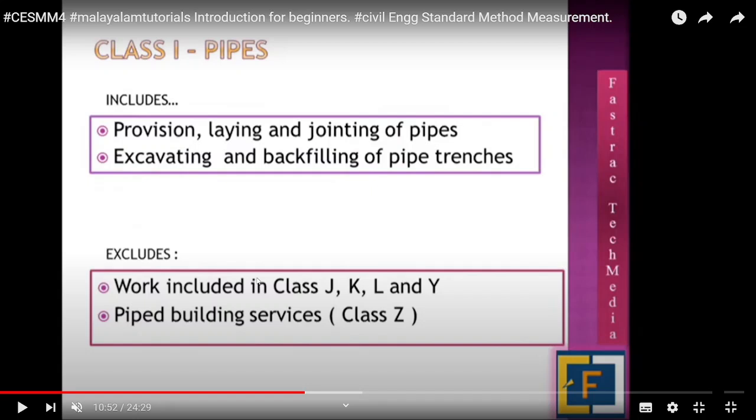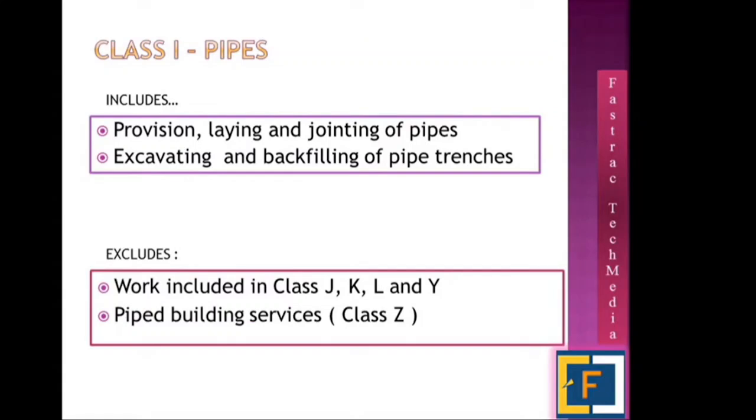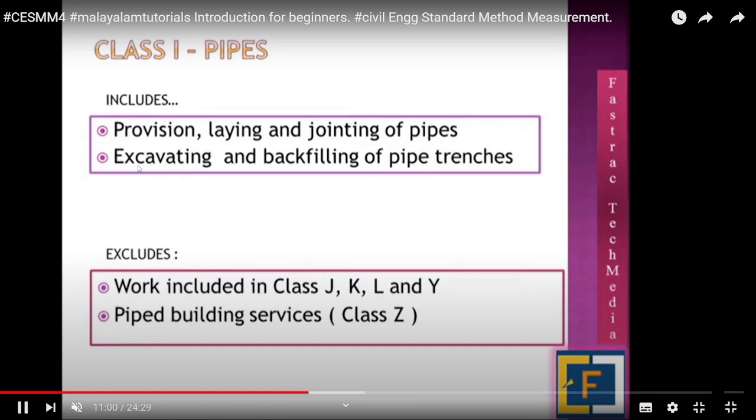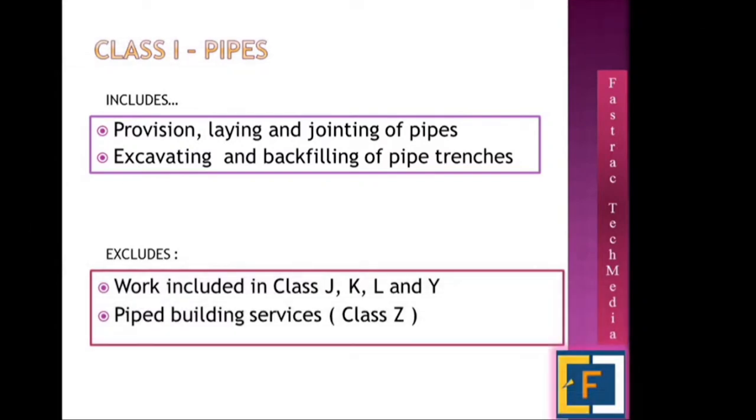Whatever explanation I have given, work included in class J, K, L, Y and Z is not included in class I, pipes. So then where is it included? So we have doubt. Everywhere it is saying that excluding is more, and how to understand where it is included.